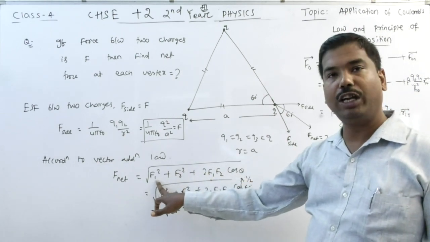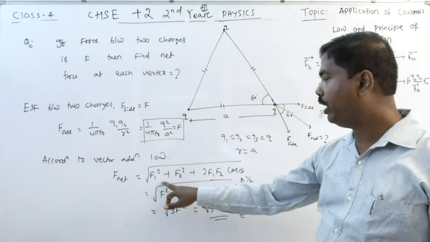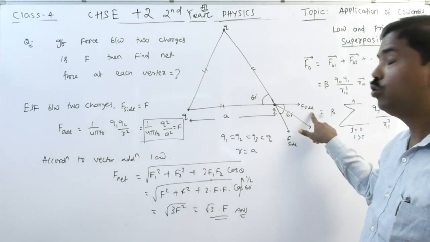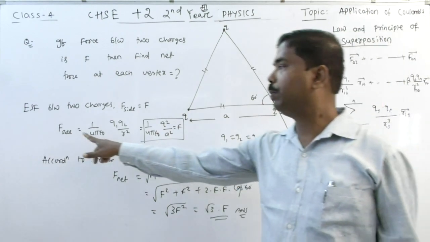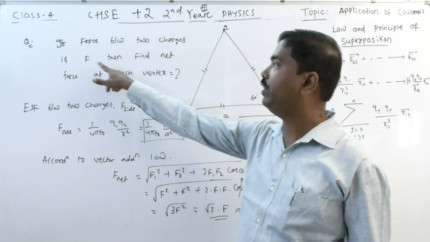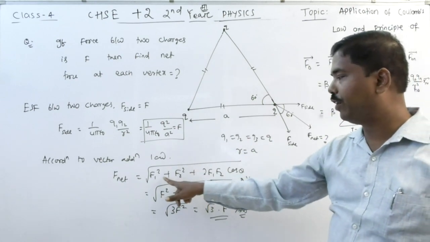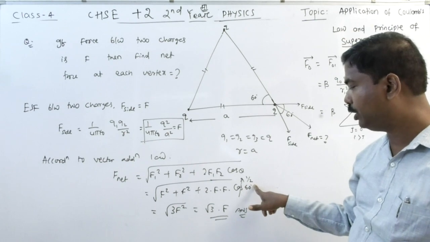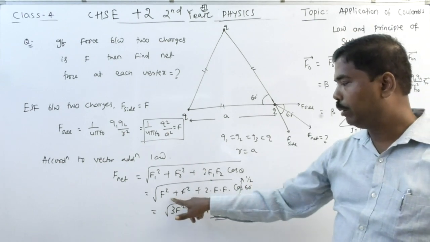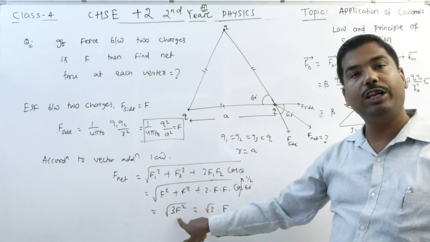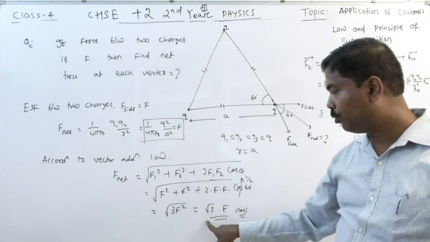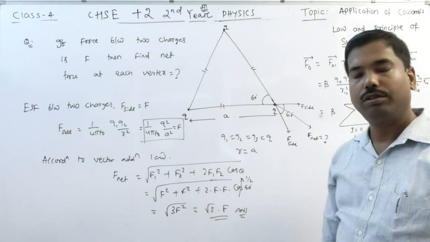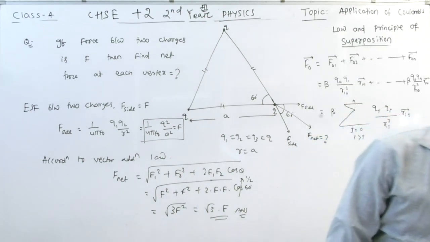Instead of a and b, I have put f1 and f2, but both f1 and f2 are two forces at two sides, and F is given, that's why instead of f1 and f2 I have put F. So F squared plus F squared plus 2F squared times half, these two cancel, so again F squared, 3F squared. Whenever we take the root, it is found to be root 3 F. Okay? Next.